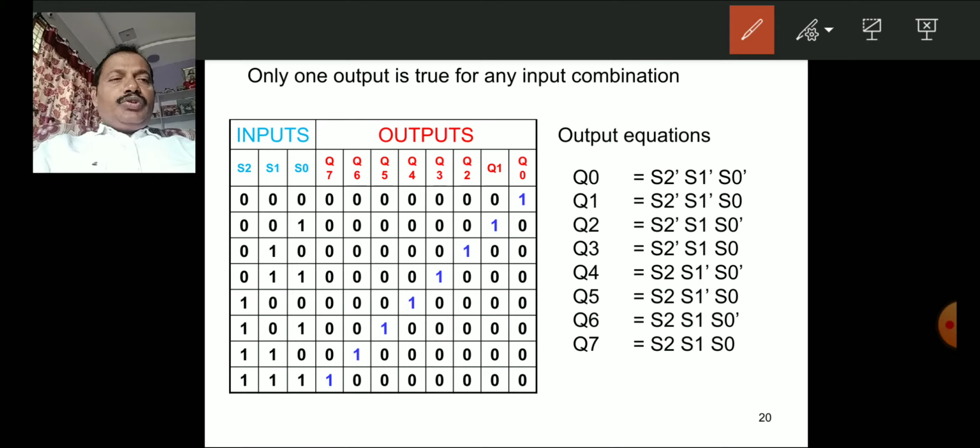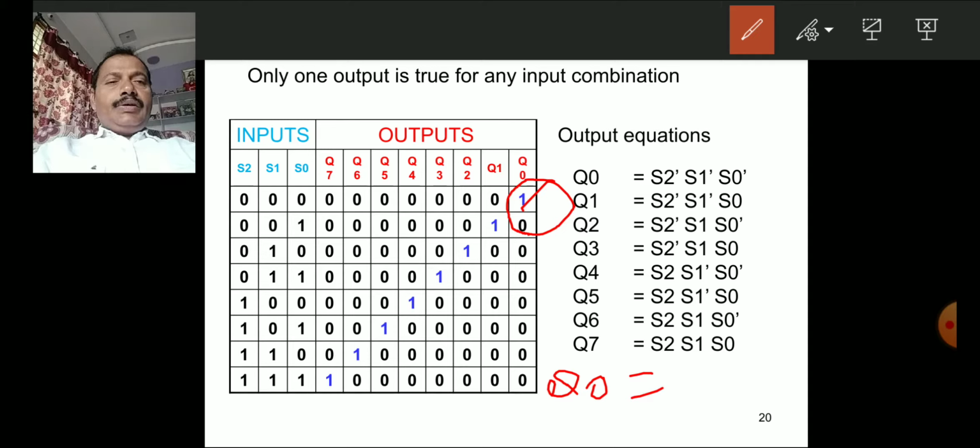After writing the truth table, first let us write the output equation for Q0. Q0 is 1 when S2 is 0, S1 is 0, S0 is 0. That means S2 bar, S1 bar, S0 bar.